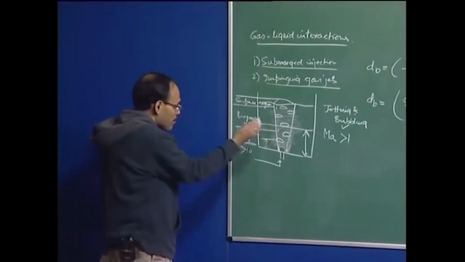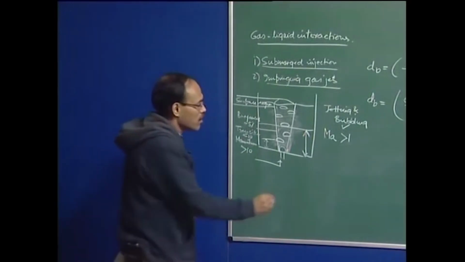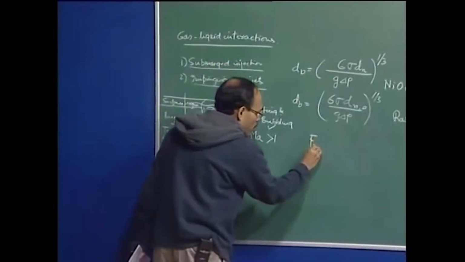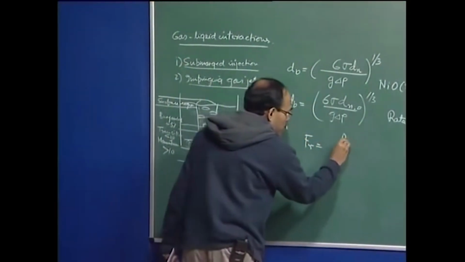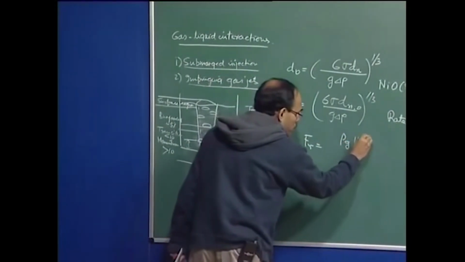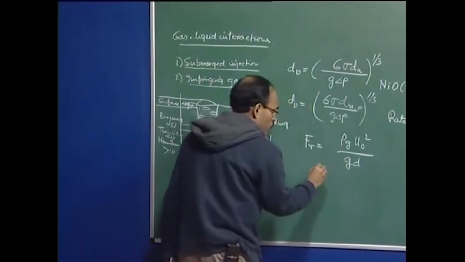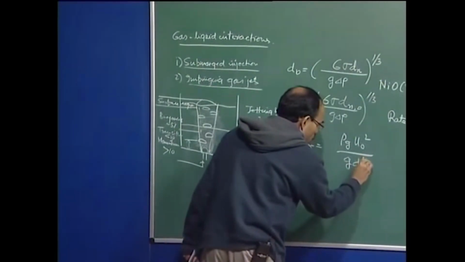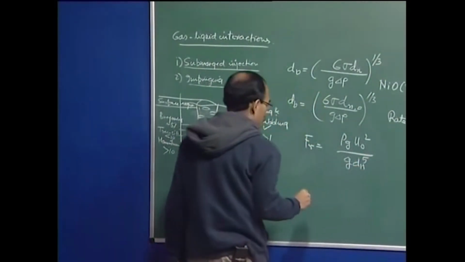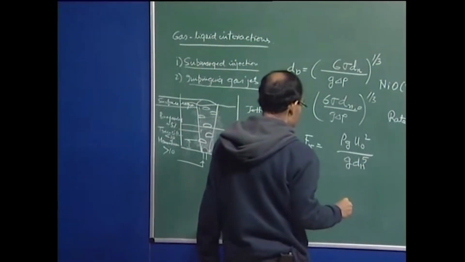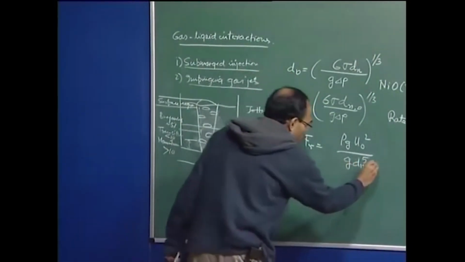So coming back to the buoyancy driven plume, there is a number called the modified Froude number, which is very, very important. This modified Froude number is basically G d to the power 5 dn to the power 5 u square, and delta rho.